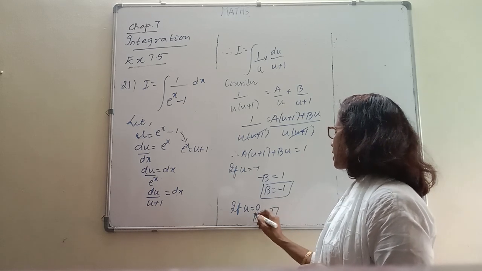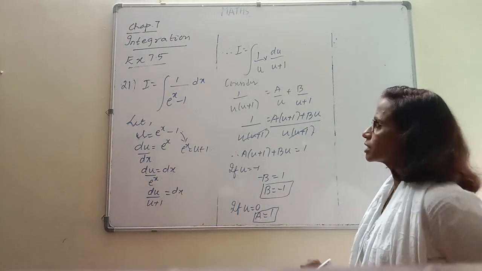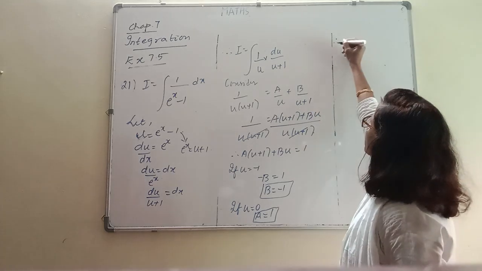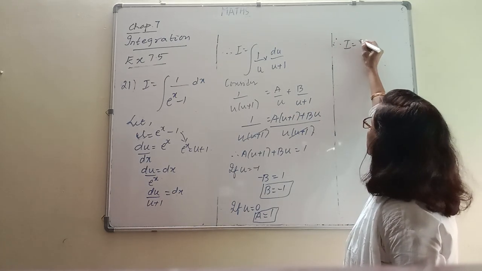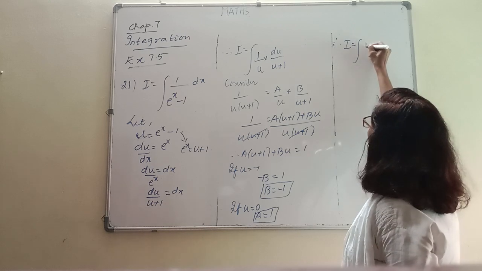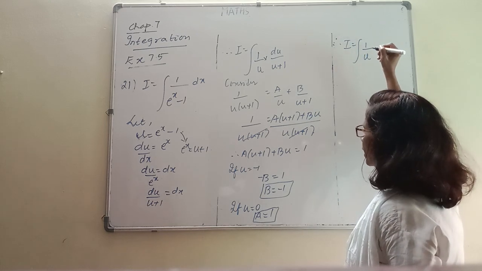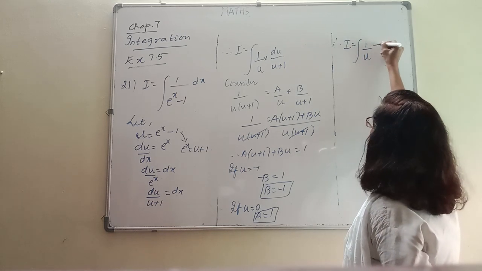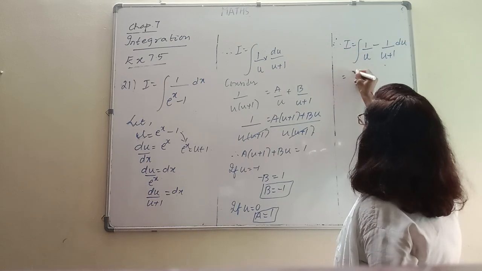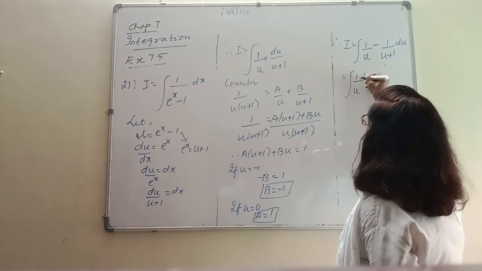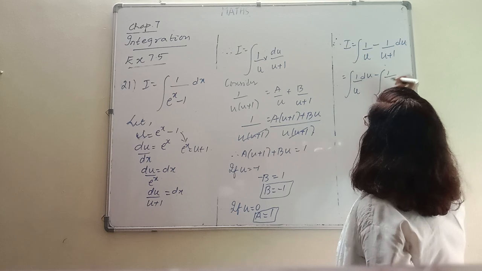So you've got a as 1 and you've got b as negative 1. When we go in for the integral, it's very easy: the integral is going to be a over u, which is 1 over u, and negative b, so 1 over u plus 1 du. So the integral is 1 over u du minus 1 over u plus 1 du.